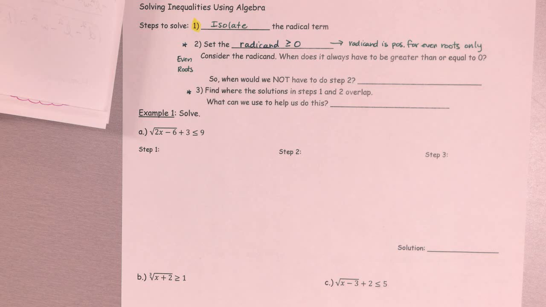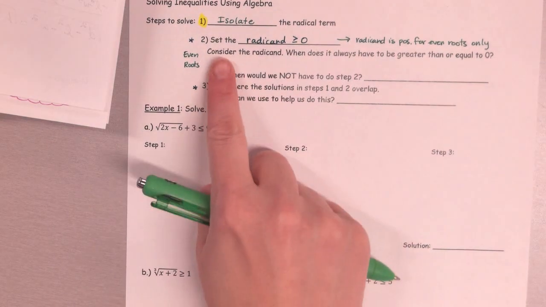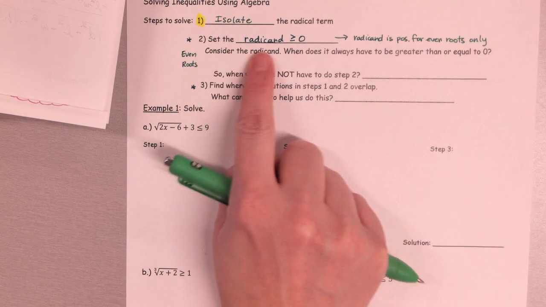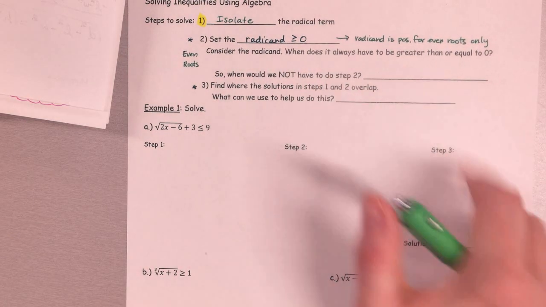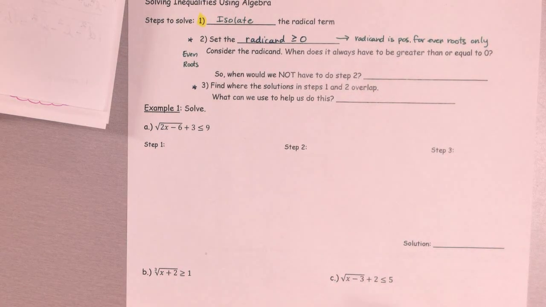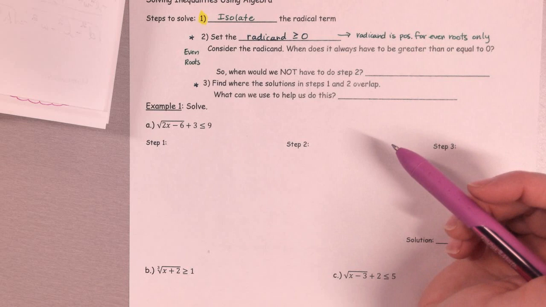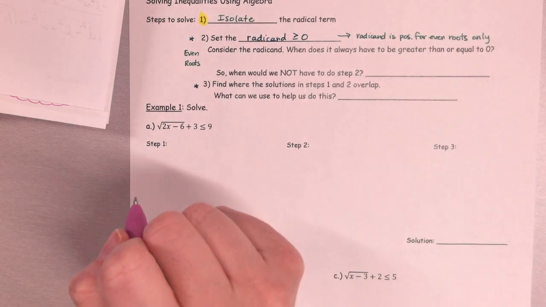But anytime you have an even amount of negatives and you're multiplying, it results in a positive. So this step we just talked about it. Consider the radicand. When does it always have to be greater than or equal to 0? When you have even roots.